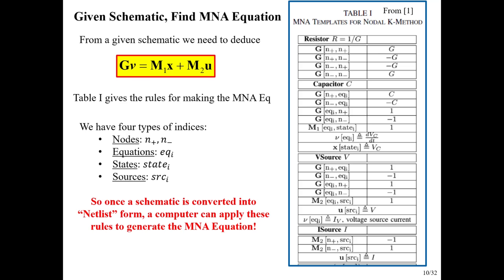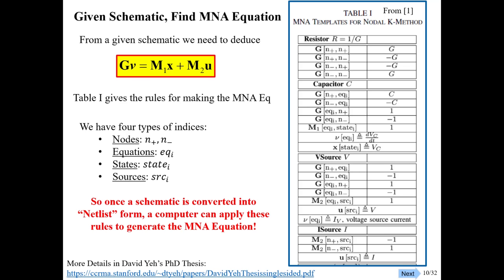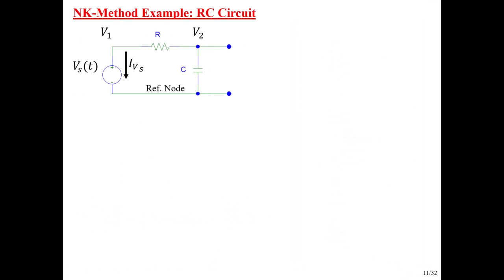But I'll also later show you how to do this, just writing things not using the table, but just writing nodal equations, KCL equations. And if you want to read more, and if you really want to do this, you should read more. There's more detail in David Yeh's thesis, and there's a link to it. And there's more detail in the paper, for that matter, but the thesis goes even deeper.